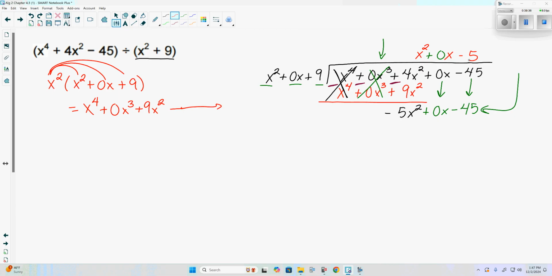So now we're going to multiply through by negative 5. Negative 5 times x squared is negative 5x squared. Negative 5 times 0x is, well, plus 0x, because it's just 0. And lastly, negative 5 times 9 is negative 45.